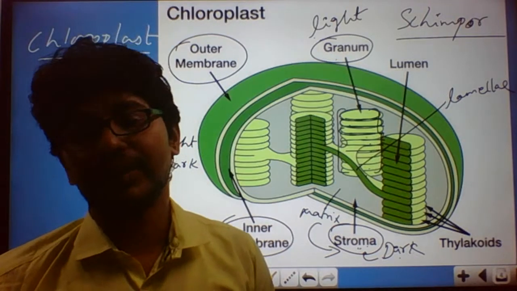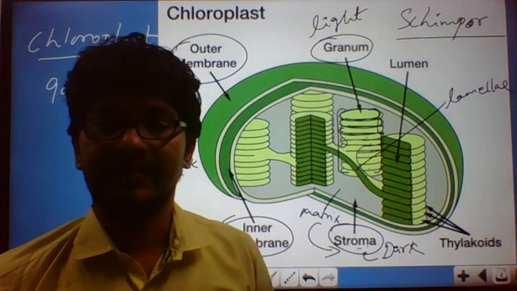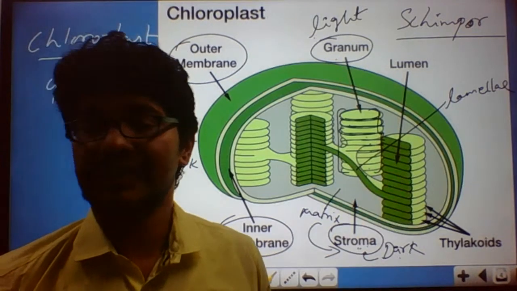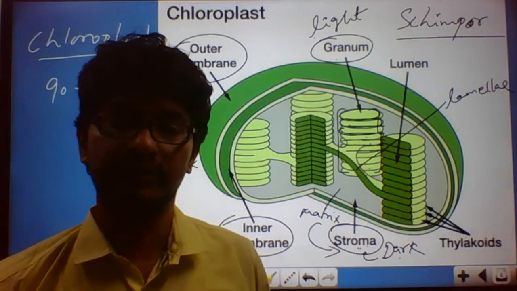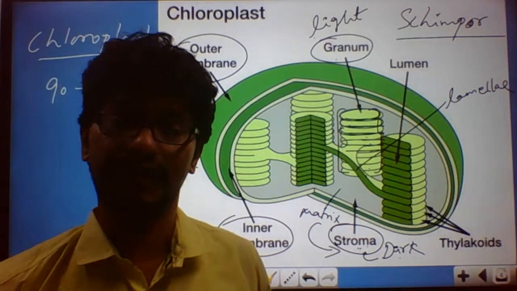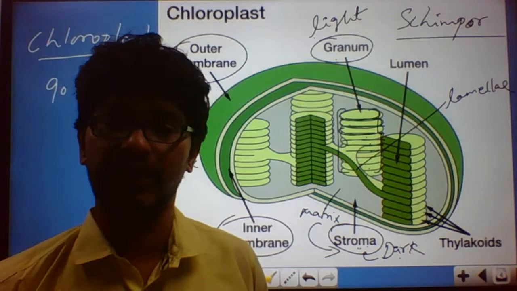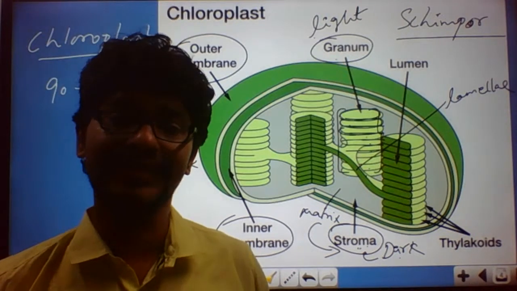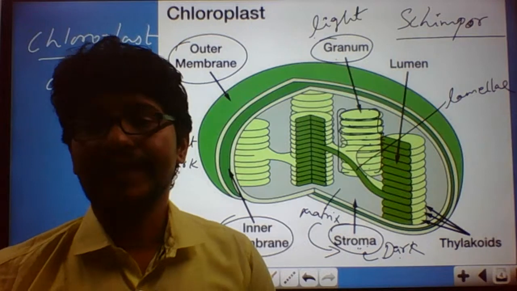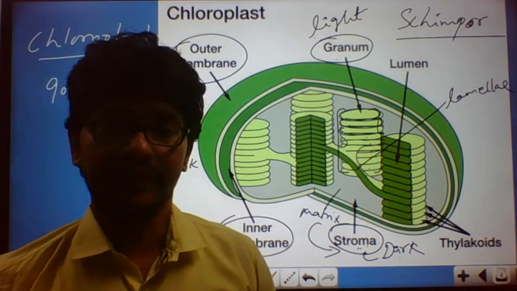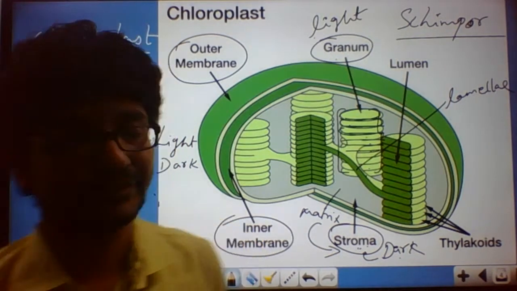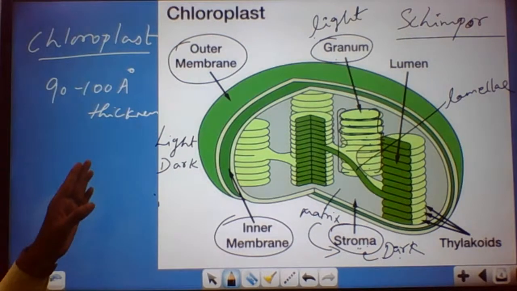Similarities may be seen structure-wise, in the matrix region, but function-wise there won't be much similarity. But a dependency is compulsory. Chloroplast requires ATP during photosynthesis, so there is connectivity between the mitochondria and the chloroplast. Okay, so we're done with the chloroplast.